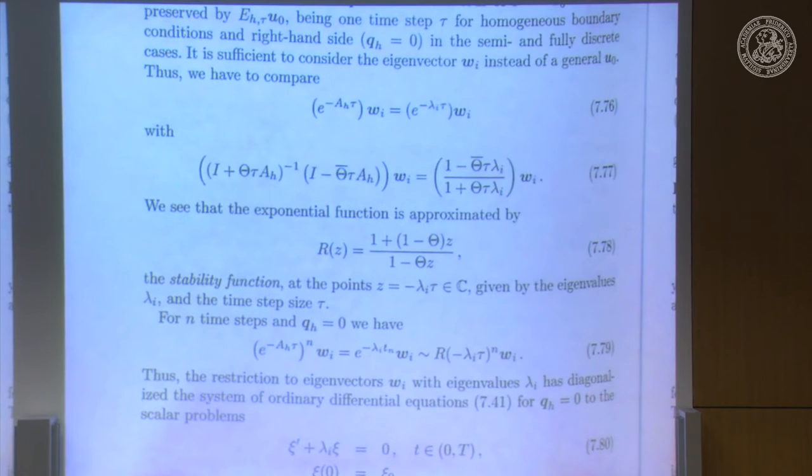So this function R is apparently responsible for how the solution develops. The reaction of this function R to the eigenvalues, and more precisely to minus the eigenvalues times tau, reflects how the solution develops in time.